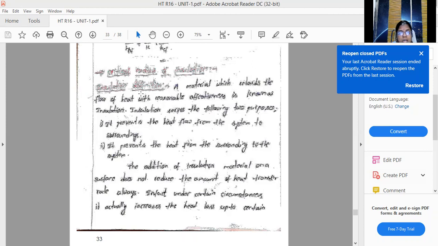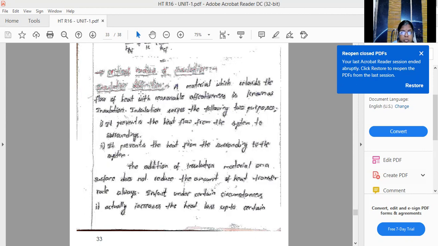But here, the addition of insulation material on a surface does not always reduce the amount of heat transfer. In a critical radius of insulation, when we provide insulation on the given system, it does not prevent the heat flow from system to surroundings.